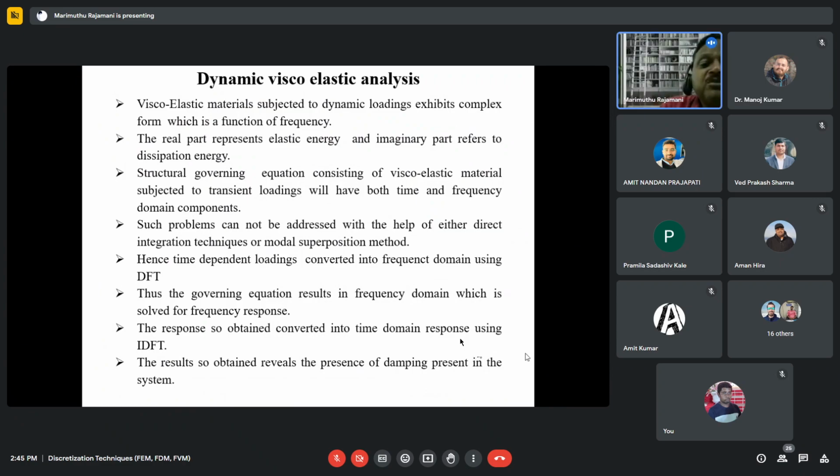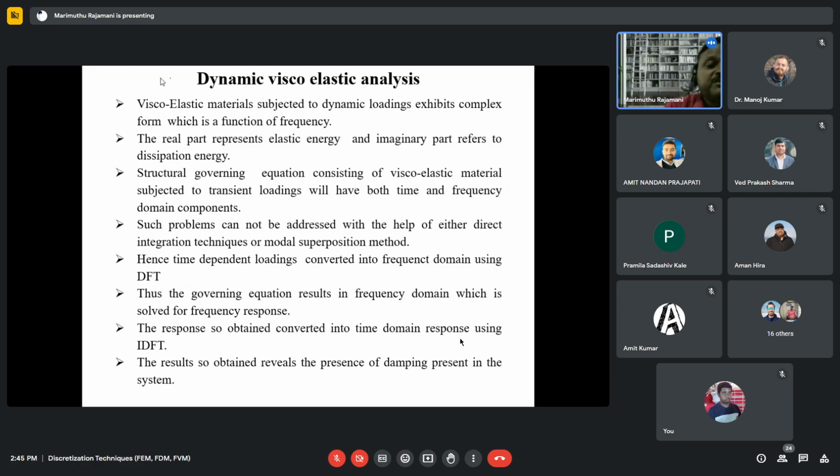I was talking about static viscoelastic analysis, where the properties change with time. This material is such that when you subject it to loading, it will be very stiff at the beginning, and then it slowly expands. Then it stays there after some time. How does the other material behave?